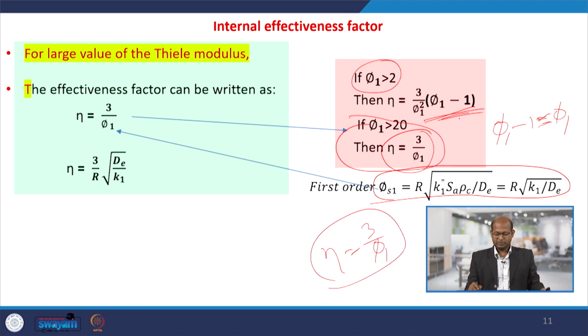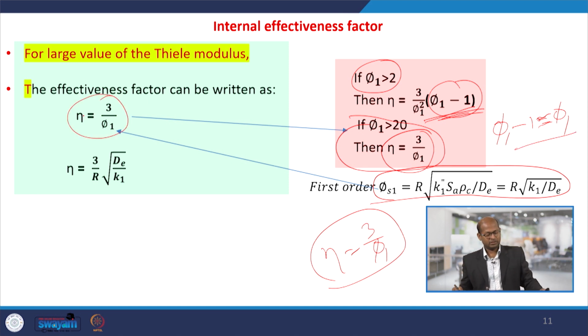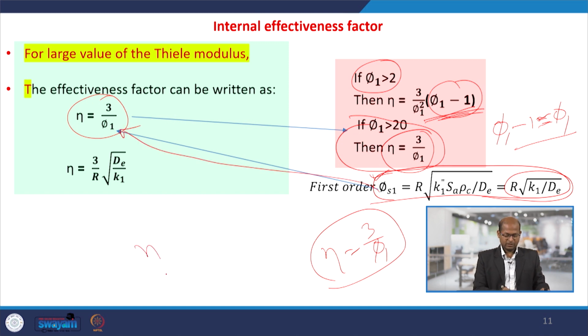Now we know the Thiele modulus equals this, we can substitute it here. Then eta equals 3 by r square root of dE by k 1.